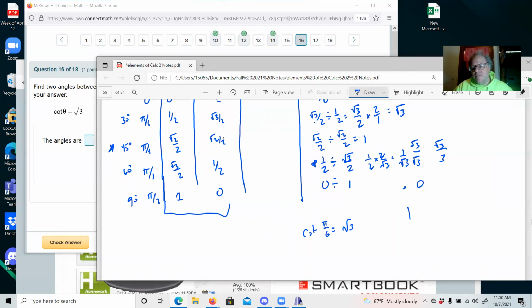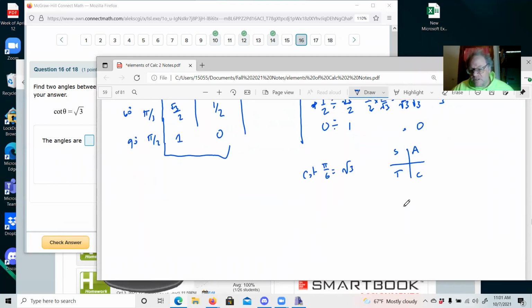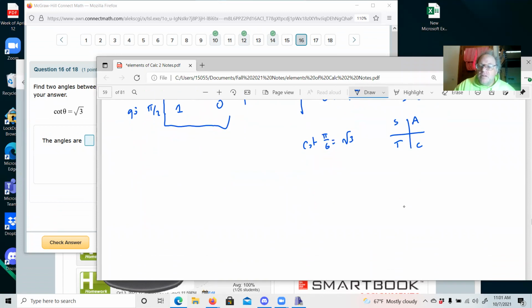Where's tangent positive? All students take calculus. Tangent is positive in the third quadrant. Pi over 6 is one angle, whose reference angle would be pi over 6 in the third quadrant.